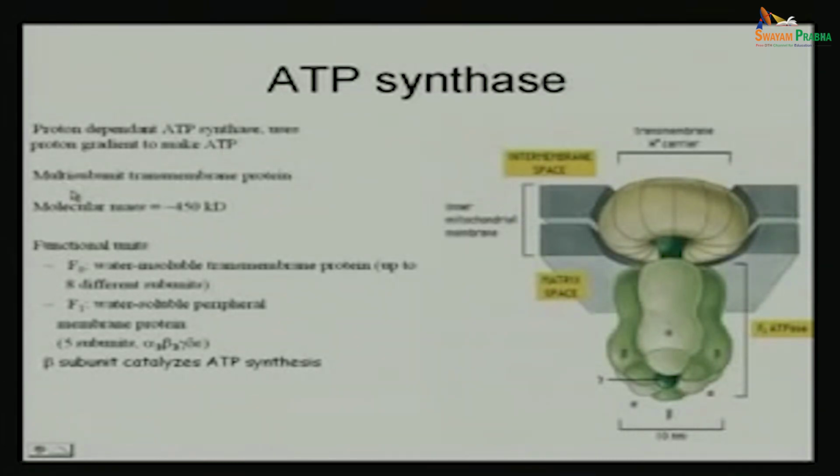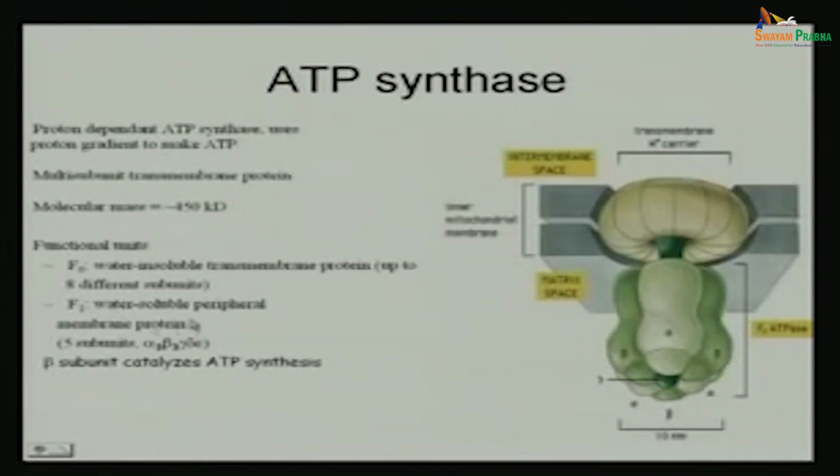It is a multi-subunit transmembrane protein, and its molecular mass is around 450 kilodalton. As I have already told you, it has two moieties, F0 and F1. F0 is the water insoluble transmembrane protein and it has 8 different subunits.